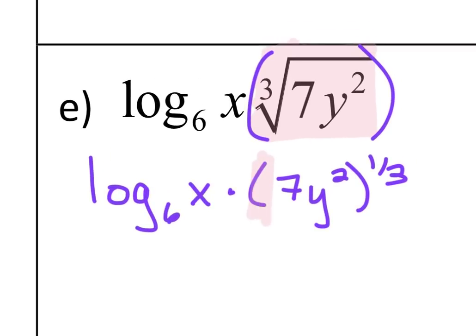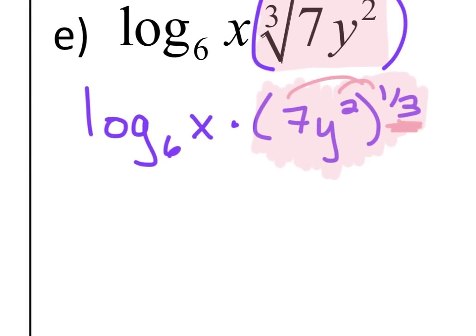So now what I had highlighted in pink up above from the radical is this. And now I'm going to take that 1/3 exponent and put it on each of the 7 and the y squared.